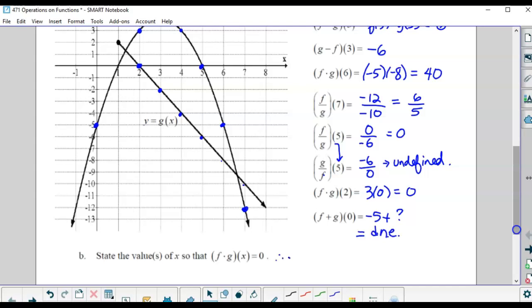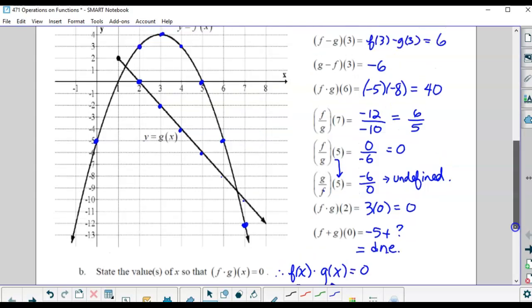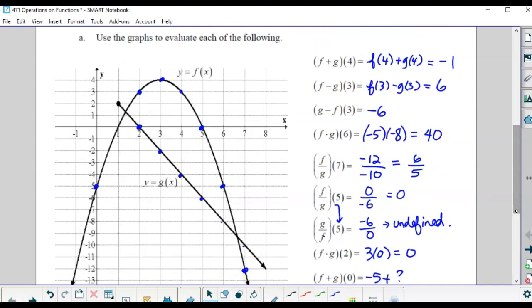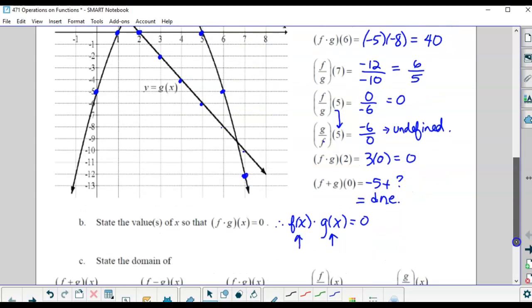Therefore, the long way: either f of x has to equal 0 or g of x has to equal 0. So you want to look at your f, what value of x makes y 0? That's 1 and 5. And then in your g, what value of x? That's 2. So there are 3 values: 1, 2, and 5.